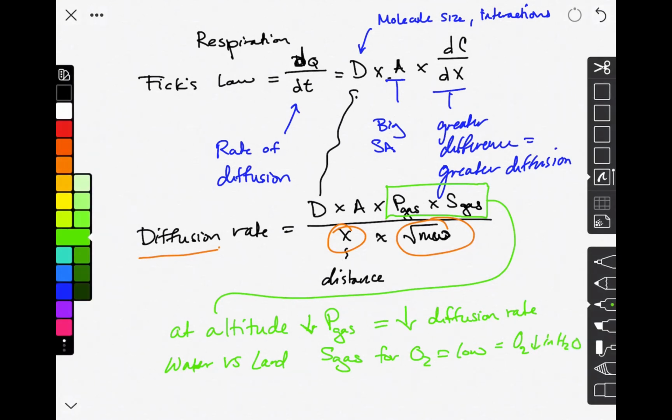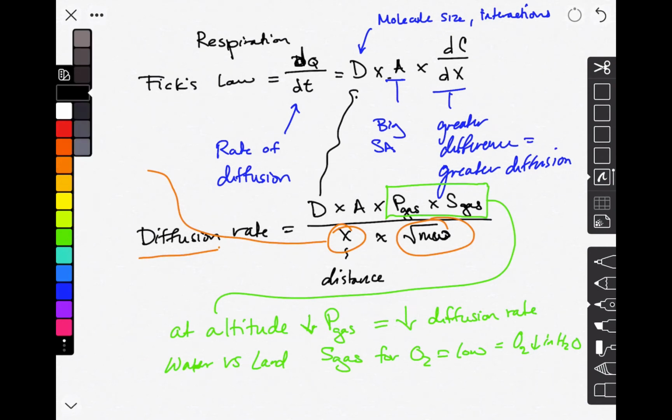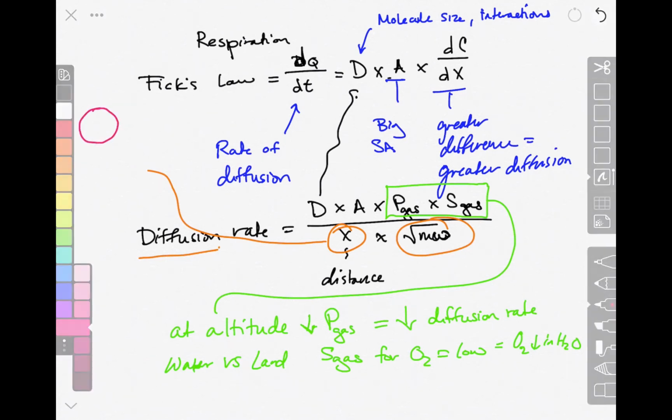Okay, I'm going to go one further. Now I'm going to take a second and talk about this distance here. I'm going to just sort of approximate animals with spheres, if you can believe that, such a physicist thing to do. Here's an animal with an open circulatory system.